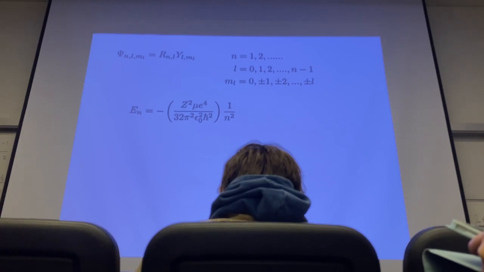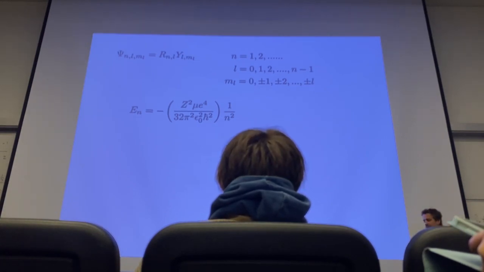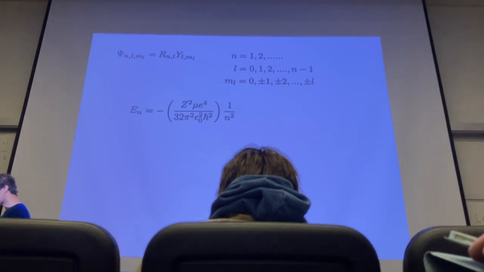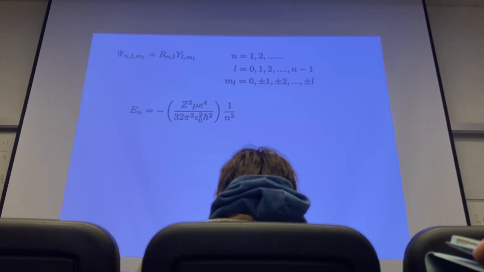So, what then are the energies for these wave functions? Because remember, there's always two parts to the Schrödinger equation. One, the wave function. Two, the wave function has an energy associated with it. What is the energy of the electron when it sits in this wave function? The energy is this. Really interesting.